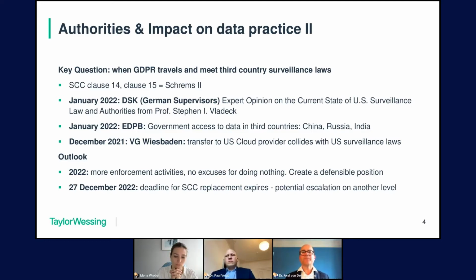So if everything looks neat and clean, just imagine you have like 200, 300 data transfers, and you have done your data mapping, and you have done your TIAs, the transfer impact assessments, and you even make an assessment at the site of the data importer, with a very simple question: does FISA 702 apply to your company, yes or no?